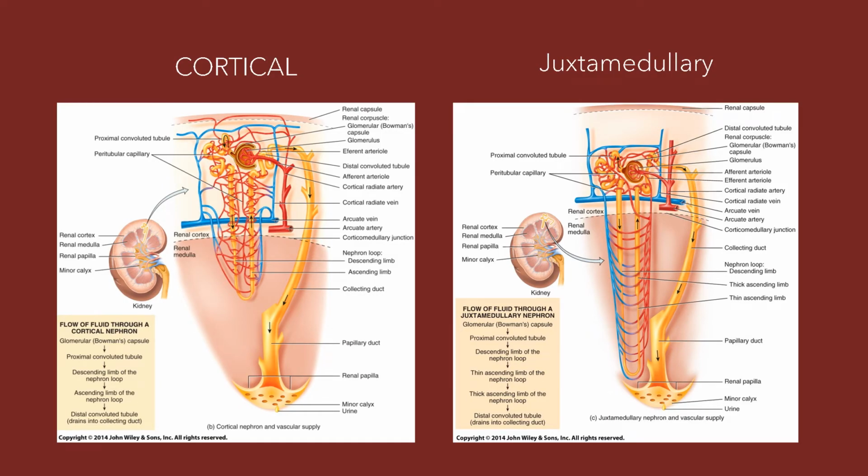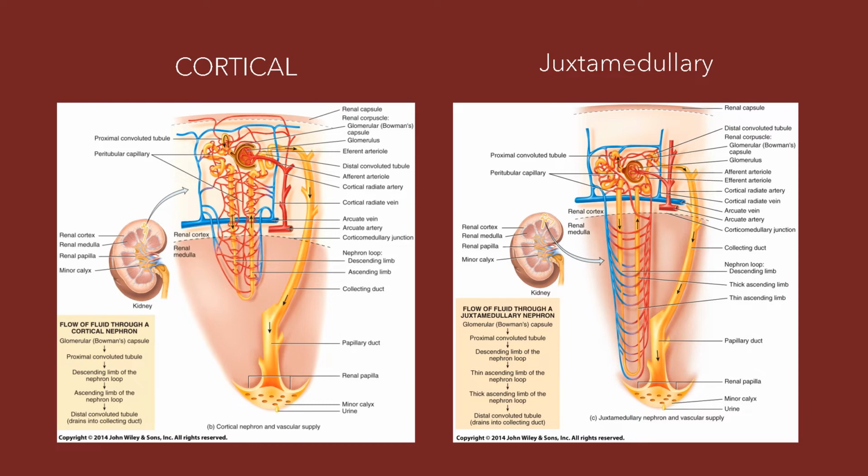Here we can see those two different types of nephrons, the cortical nephron on the left and the juxtamedullary nephron on the right. On the left we can see this relatively short loop of Henle, whereas on the right, this extra long loop of Henle goes all the way down, almost touching the minor calyx, going into the deepest regions of the renal medulla.